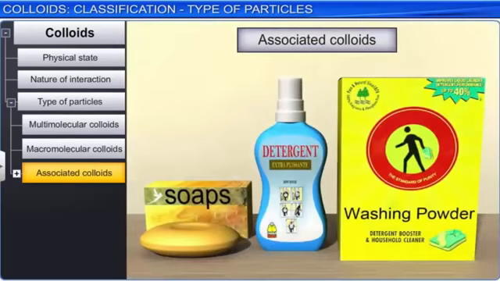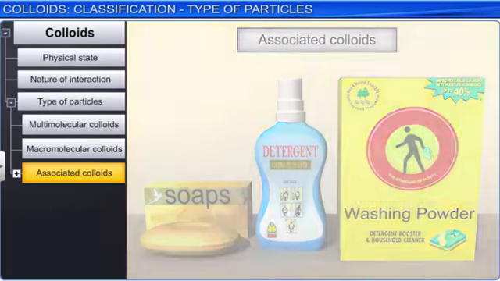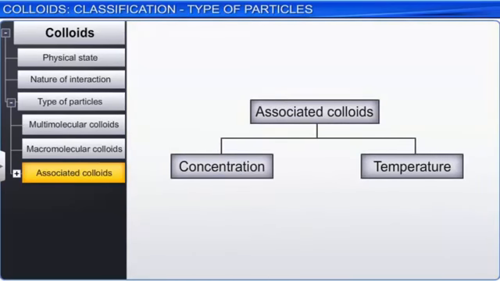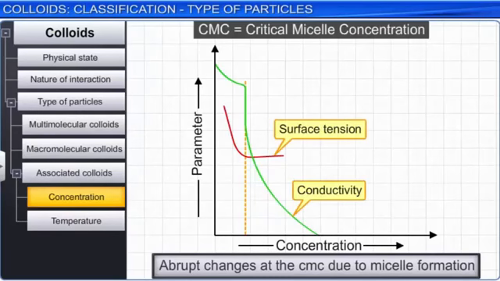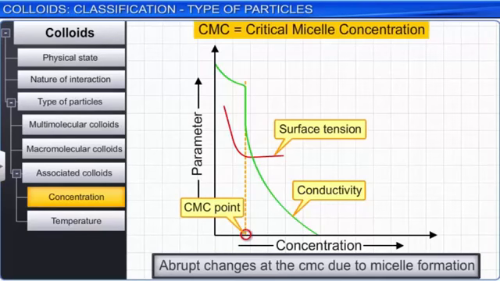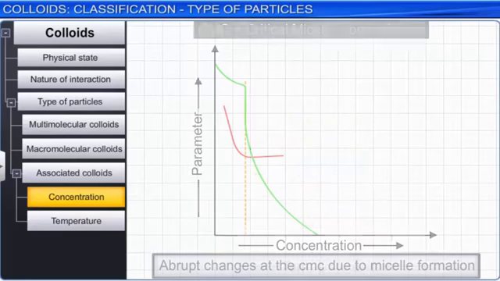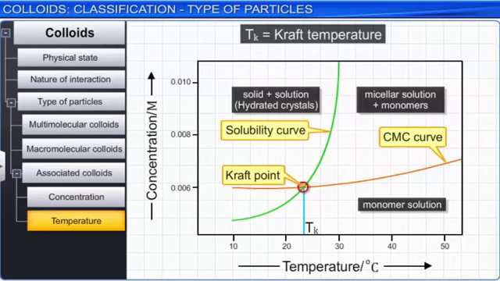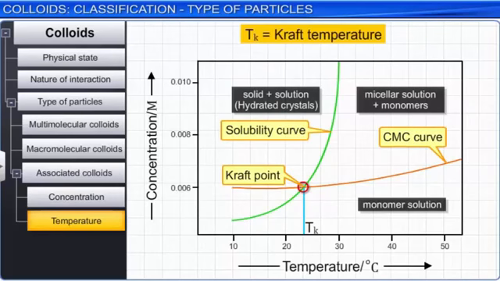The formation of micelles depends upon two factors: the concentration of the dispersed phase and the temperature. The formation of micelles takes place above a certain concentration called critical micelle concentration, or CMC, and above a particular temperature known as Kraft temperature, or TK.